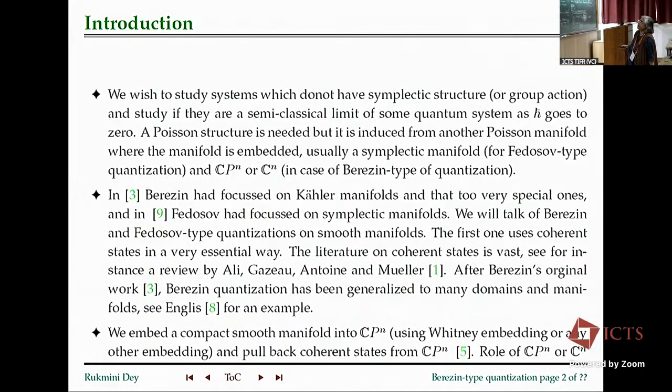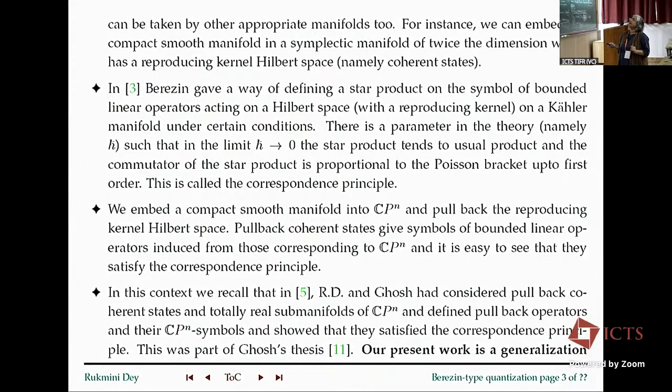As for the literature, Berezin quantization has been generalized to many domains and manifolds. But no one has, I think, so far done it for arbitrary symplectic or arbitrary smooth manifolds, as far as I know. So again, we embed it into CP^N and pull back coherent states from CP^N, and other appropriate manifolds too.